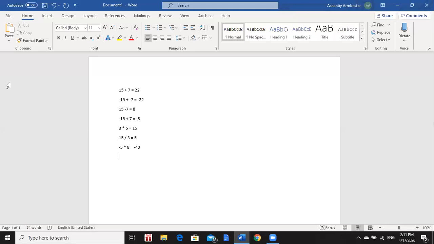So now we're going to divide. We're going to divide a positive 40 by a negative 5. So 40 divided by negative 5 equals negative 8.